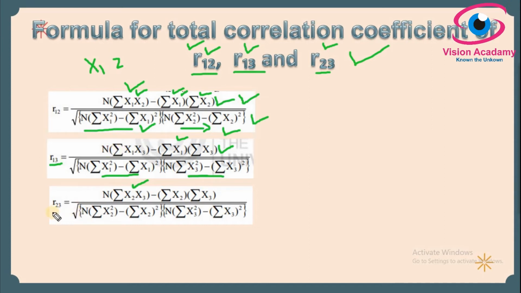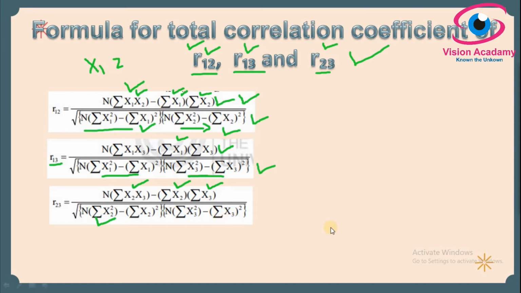In the third example we are dealing with x2 and x3, that is why we take summation x2 and x3 in the numerator. In the denominator, first we have two pieces of information: n summation x2 square minus summation x2 whole square, and this is repeated for x3: n summation x3 square minus summation x3 whole square.